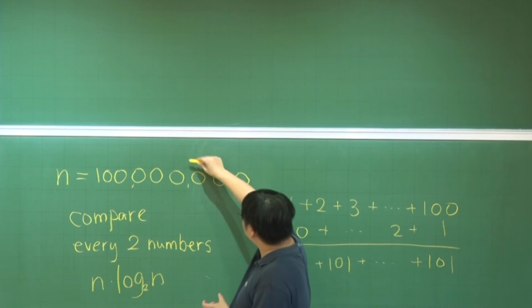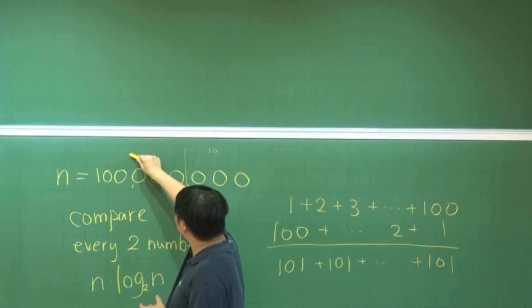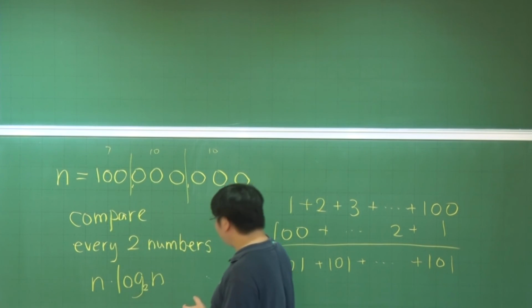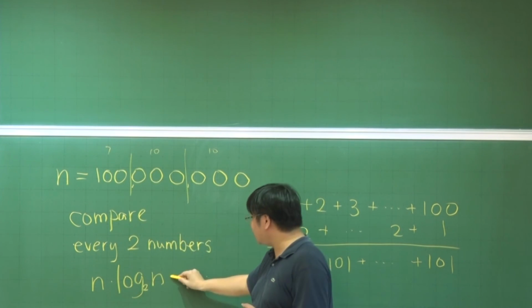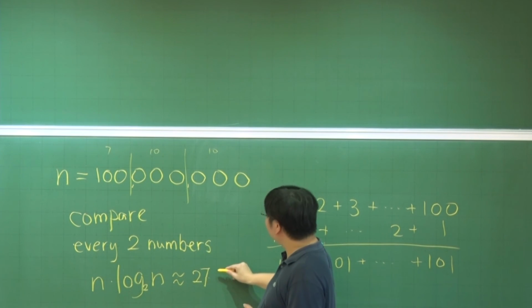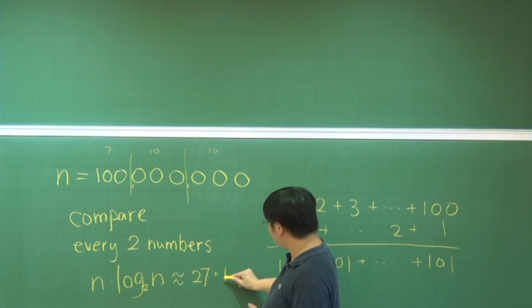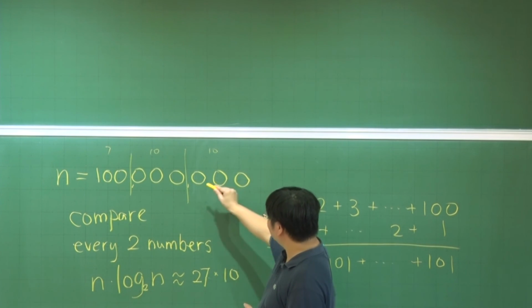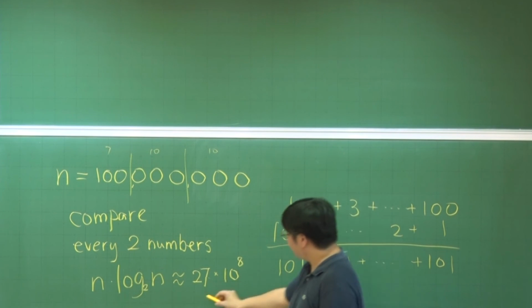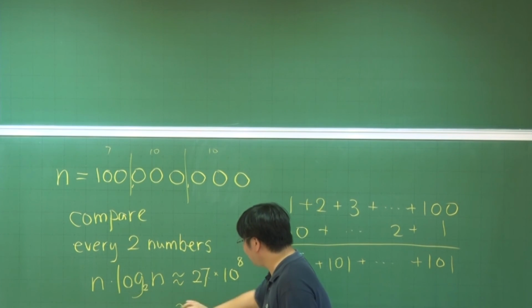Roughly speaking, this is 10, this is 10, and this is something like 7. So in this example, this is roughly only 27 times 10 to the power 8.